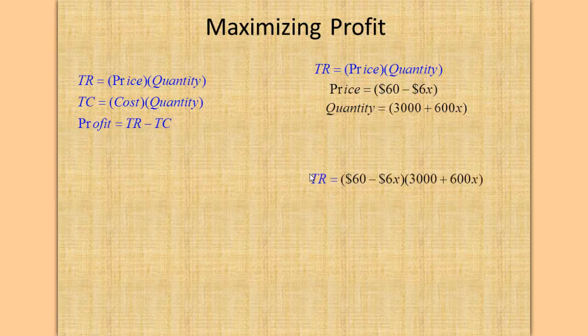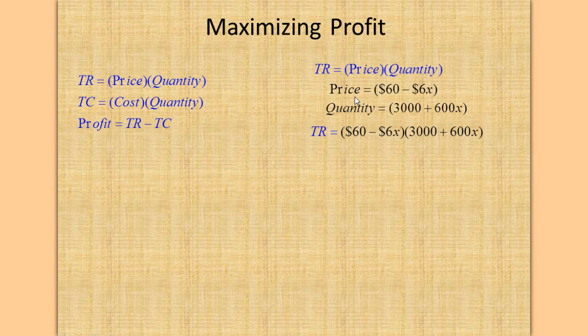There's the equation we derived before, price times quantity. So our total revenue is equal to (60 minus 6x) times (3,000 plus 600x). And our total cost, from our problem, we charge $12 per month cost times the quantity, which is 3,000 plus 600x.